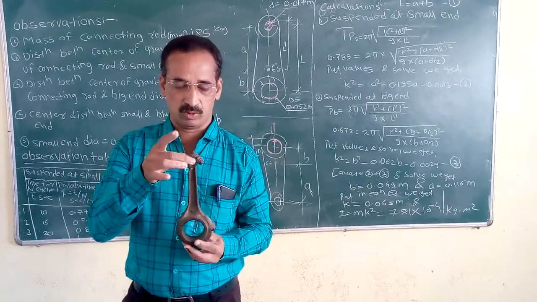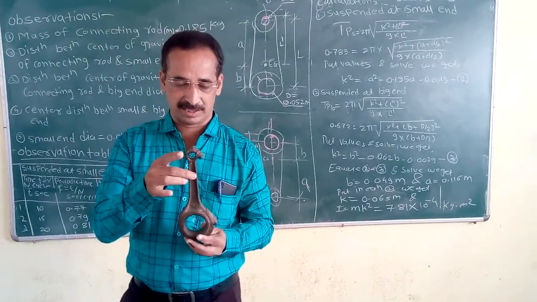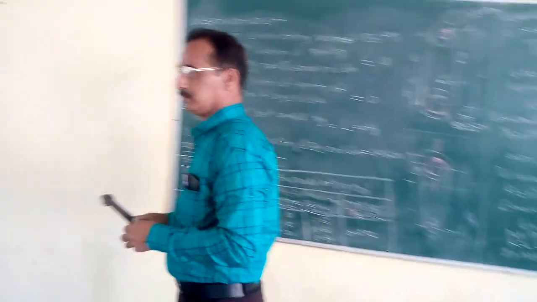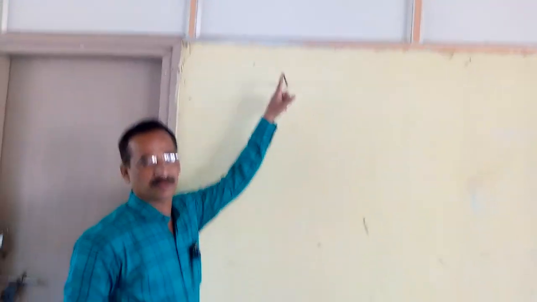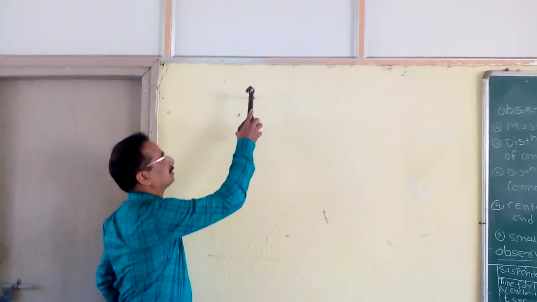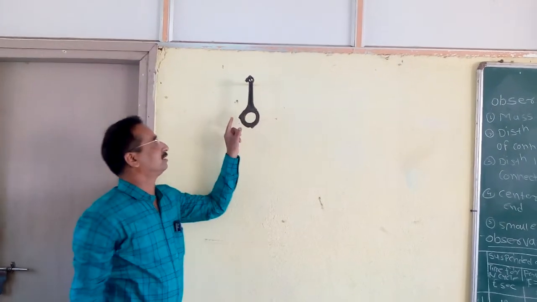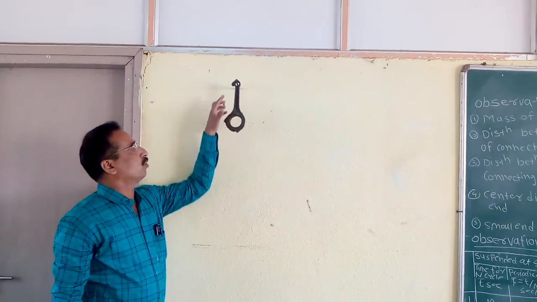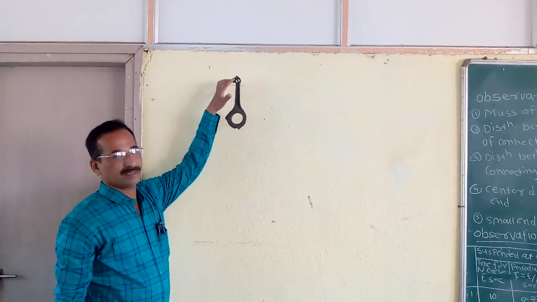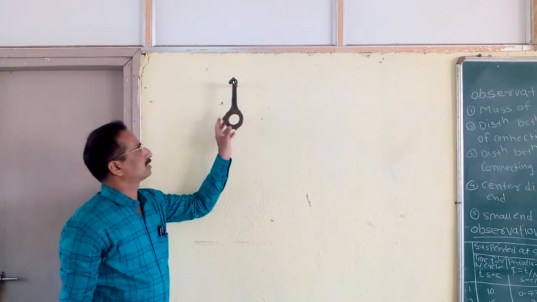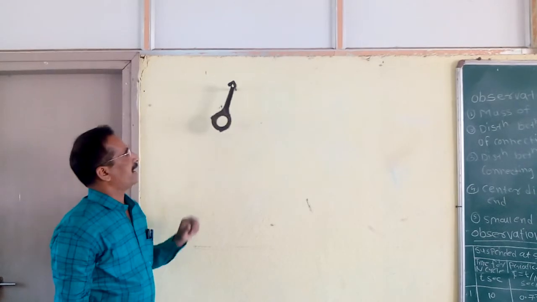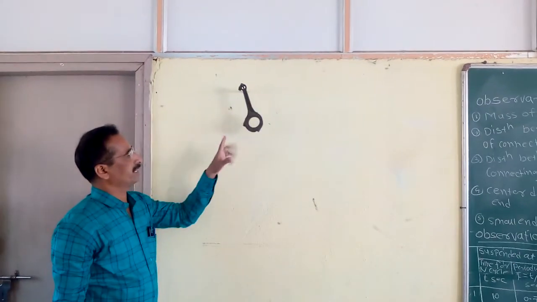So now we are going to conduct the experiment procedure. Here, this is the point of suspension. Initially, I suspend this connecting rod vertically at the small end, give a small disturbance to it, and measure the time required for n number of cycles.